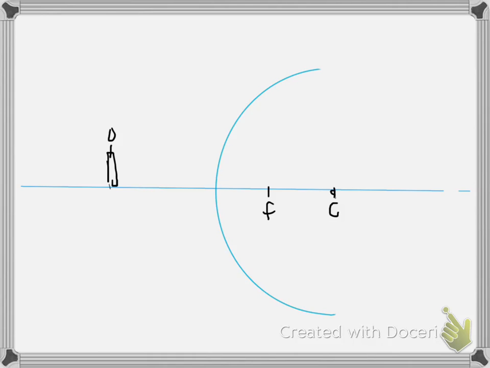We have our mirror, we have our focal point, we have our radius of curvature. First line goes in parallel. Whoops, that's not parallel. In parallel. Okay, it's not parallel, but it'll have to do.